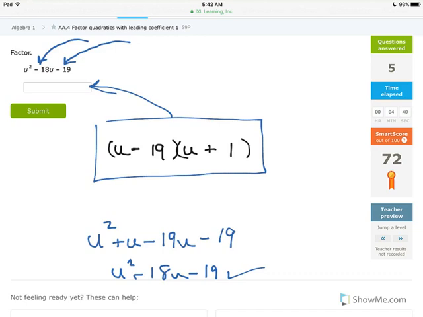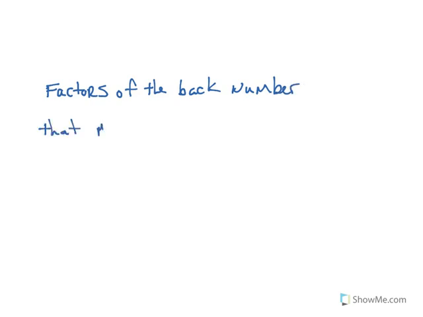The big idea, if you wanted to write down a big idea for this, you're looking for things that multiply to be the back number. So you need factors of the back number that multiply, and factors of the back number that add.